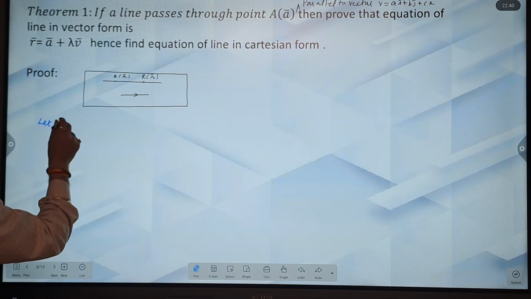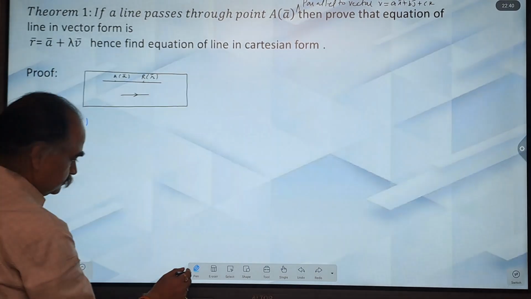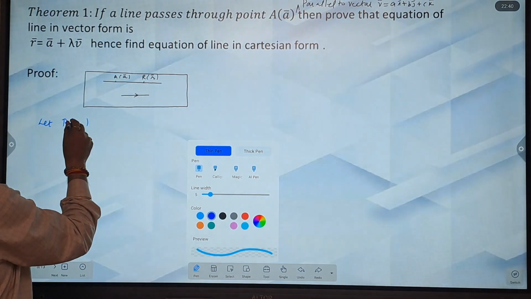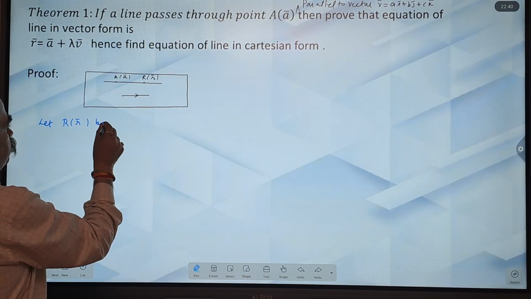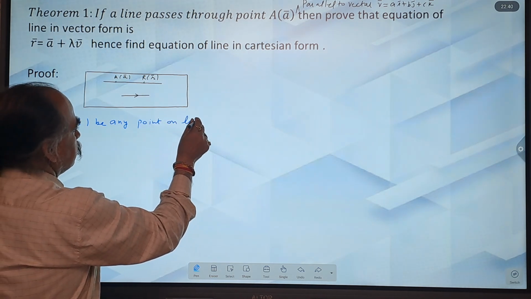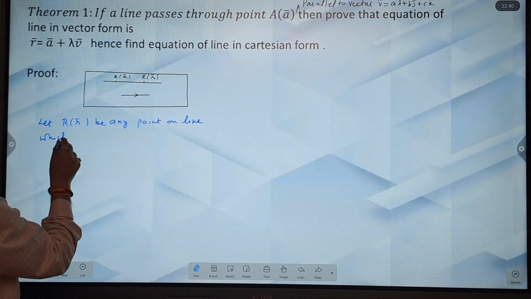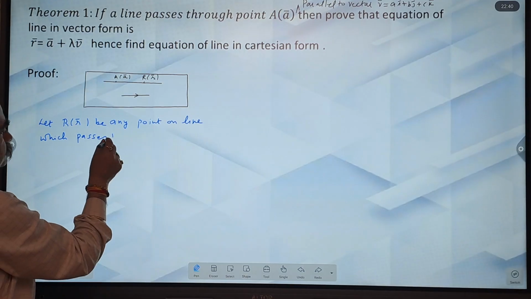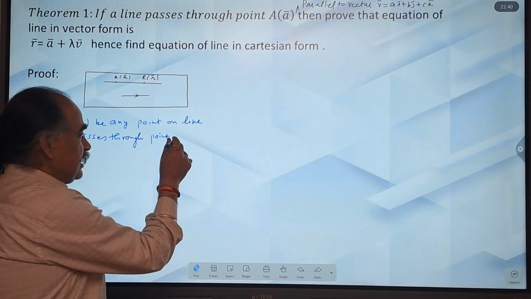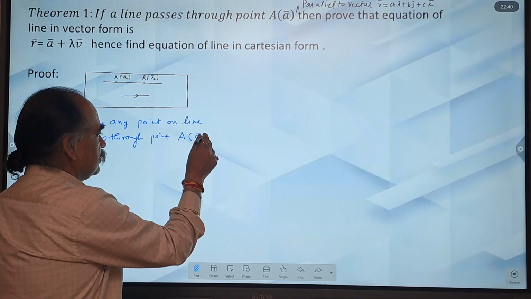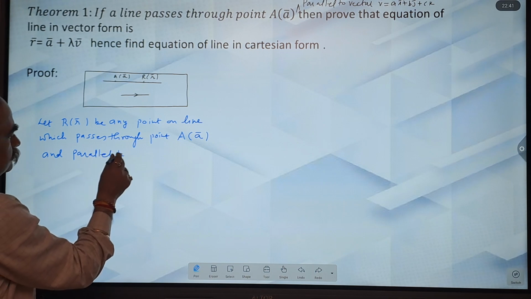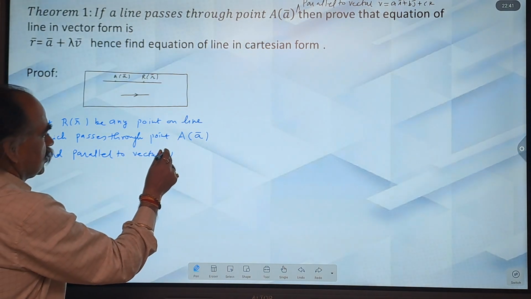Let R bar be any point on line which passes through point capital A bar and parallel to vector V bar.